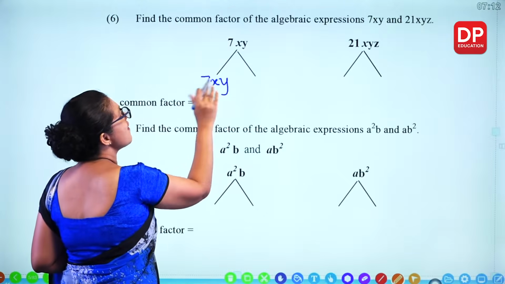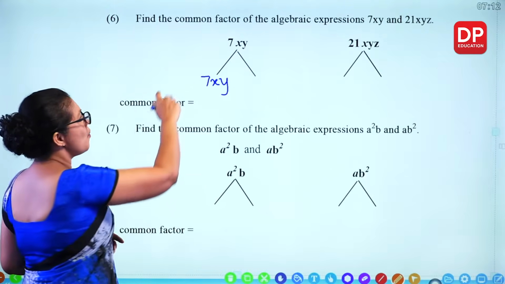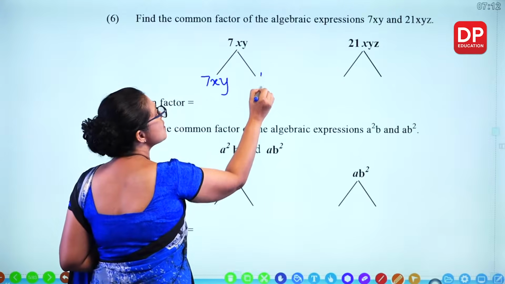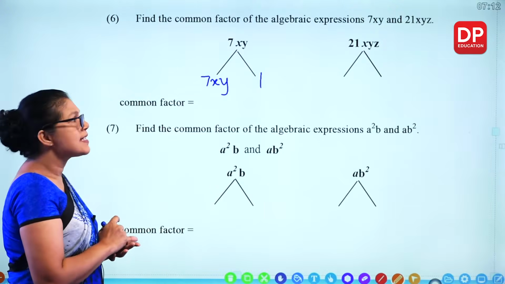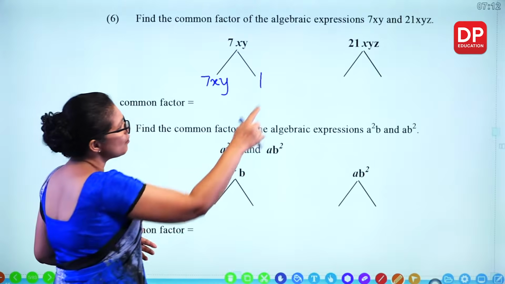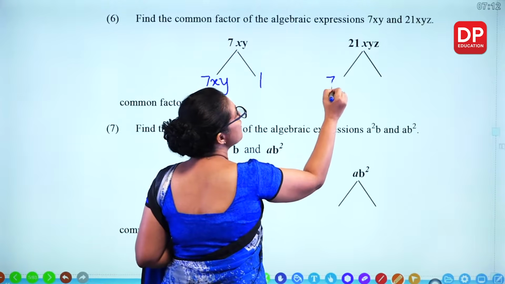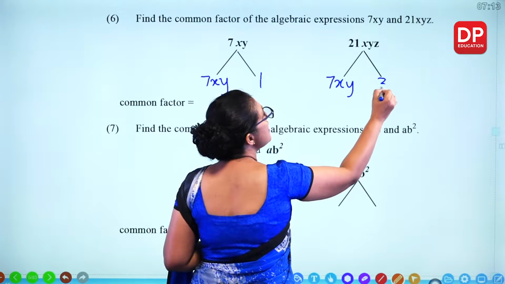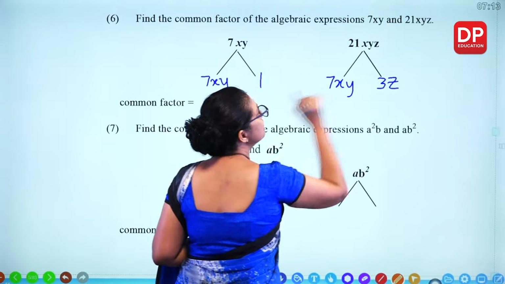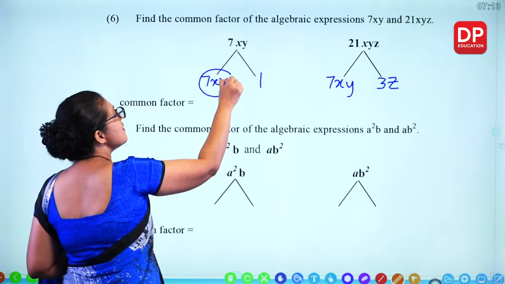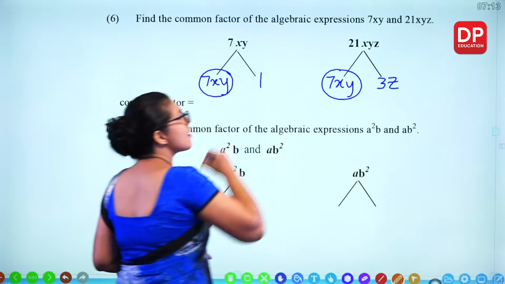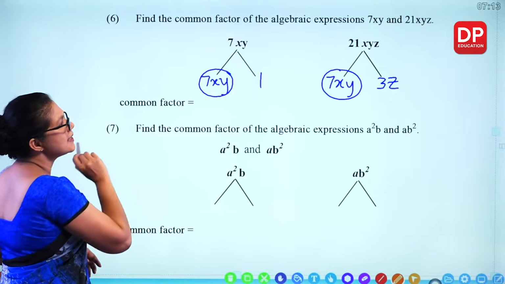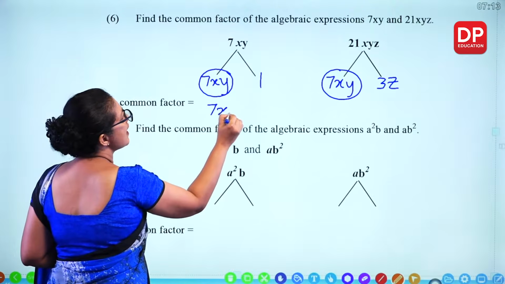So we can write 7xy in one part, and the other one is 7xy times 1. What about this one? If you take 7xy out, how do you get 21? This is 3z. Now can you see? This one is common to both expressions. So what's the common factor? 7xy.